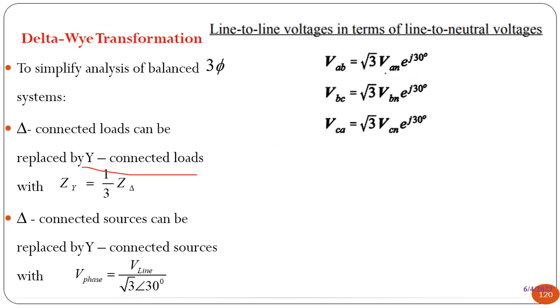So line-to-line voltage in terms of line-to-neutral voltage is equal to this amount.